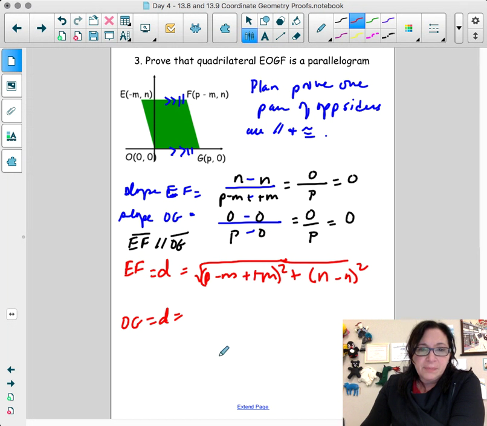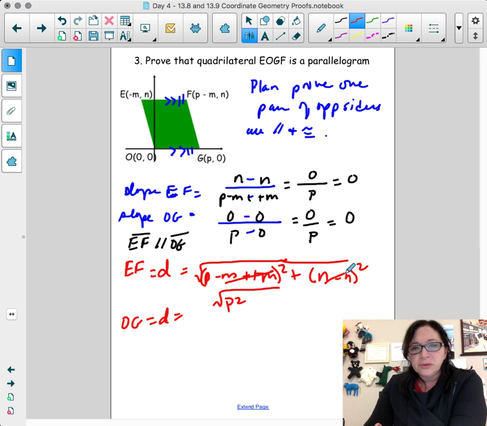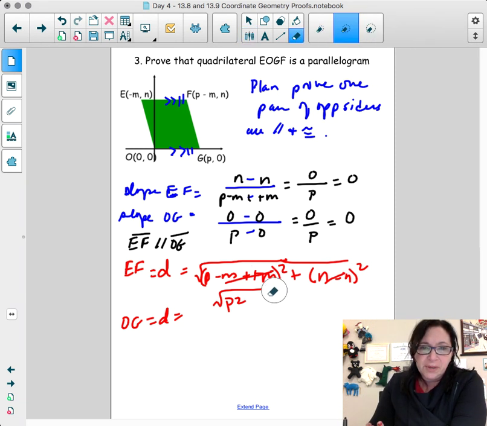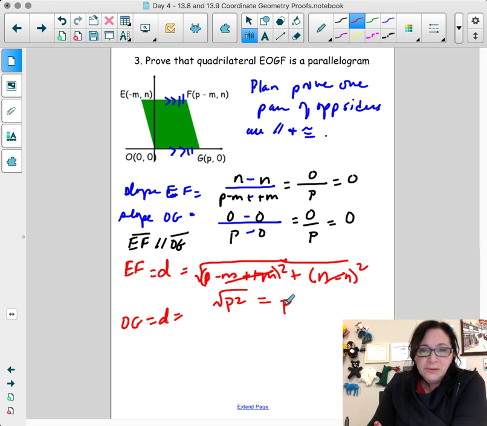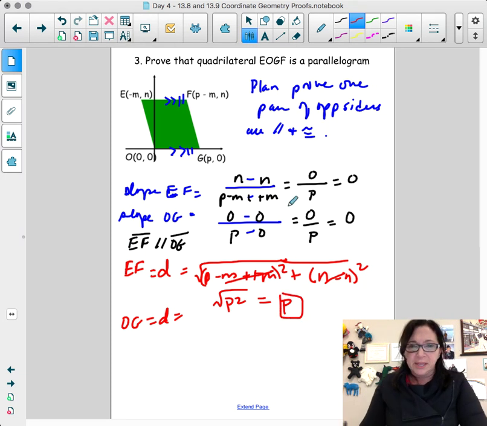So these make plus, negative M plus M cancels out, and I have P squared. And then N minus N is 0, and 0 squared is 0. So right now what I have is the square root of P squared. Well, the square root of P squared is P. And so right now I have the length of EF is P.